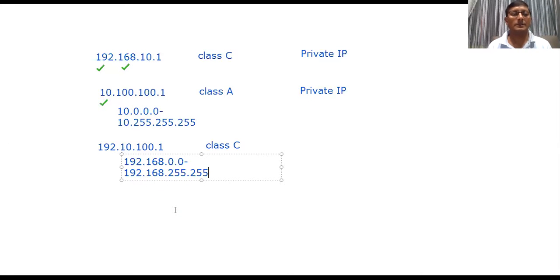So 192.168.0.0 to 192.168.255.255. In this case, the first two octets are constant, then the third octet is 0 to 255, and the fourth octet is also 0 to 255. According to the concept, the first octet 192 matched, but the second octet is wrong.